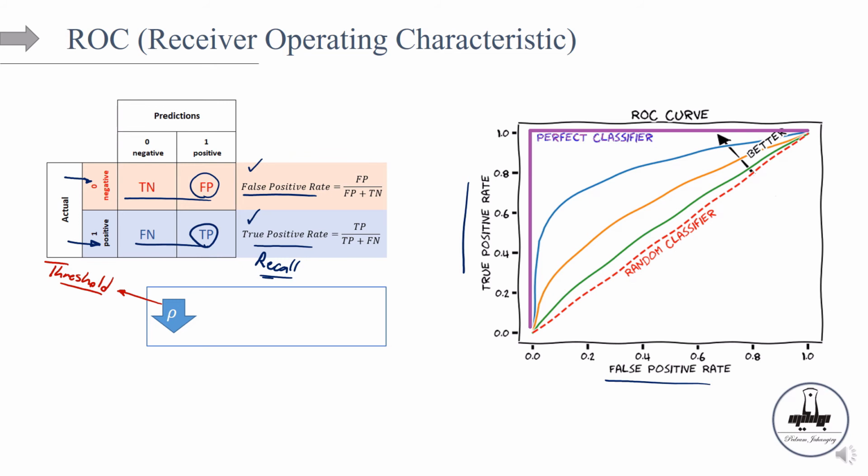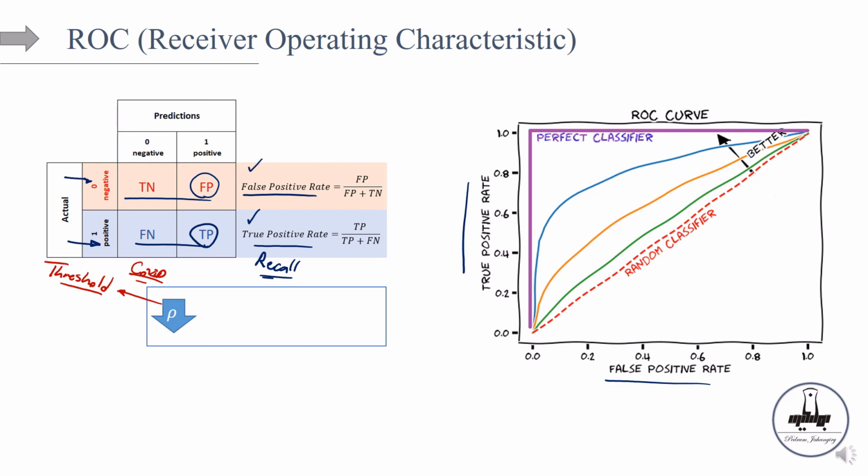So why would we ever want to reduce this threshold? Here's an example: a COVID test result. In order to avoid too many false negatives, you're going to reduce that threshold. You don't want to send out so many false negative patients out there. You don't want to jeopardize society.